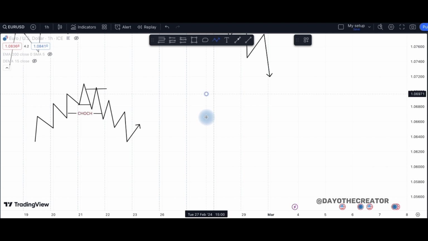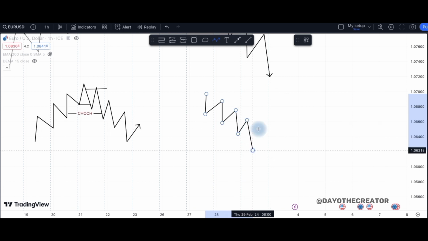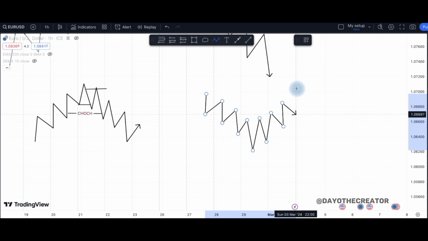So when there's a downtrend going on, creating lower highs, lower lows, lower highs, lower lows, lower highs, lower lows, then the market breaks the lower high and refuses to break the lower low, causing a market structure shift or a change of character to the upside. So this is the downtrend scenario, change of character in a downtrend.